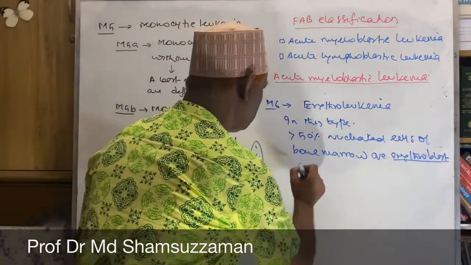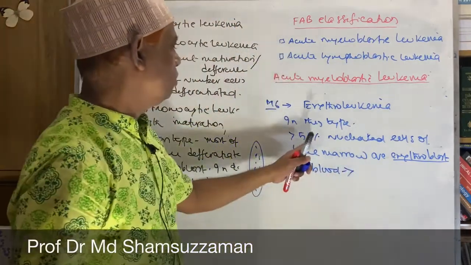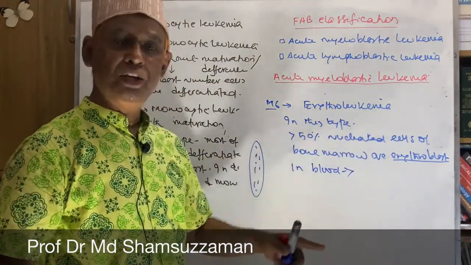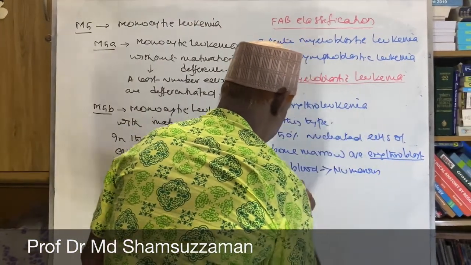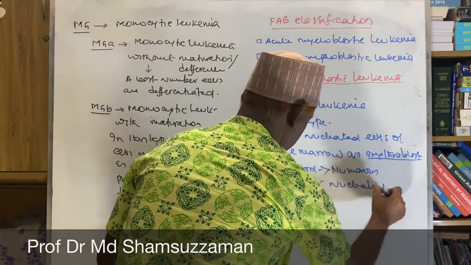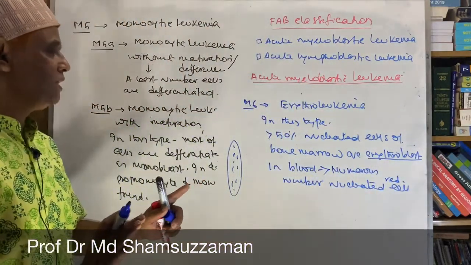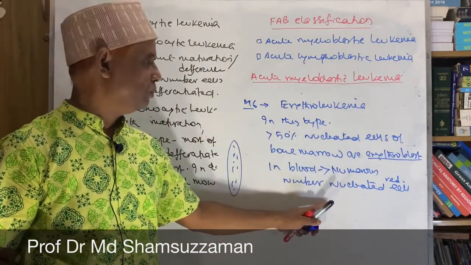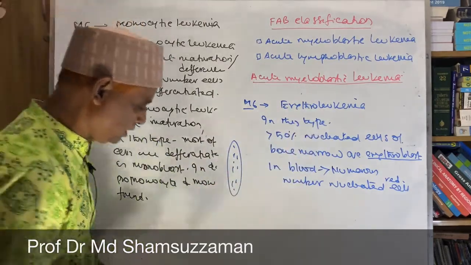In addition to this, in blood, there are numerous nucleated red cells. So we don't get any nucleated cell in blood normally, but in erythroleukemia, numerous nucleated cells are found, and more than 50% of nucleated red cells of bone marrow are erythroblasts.